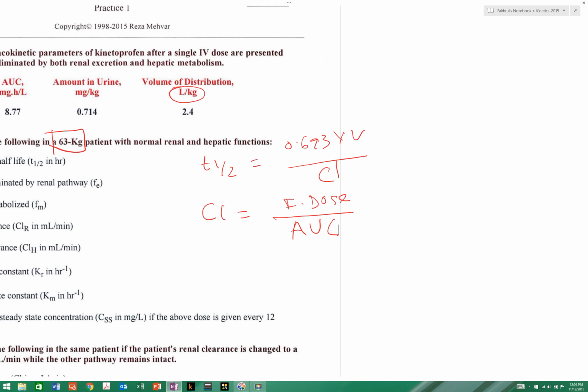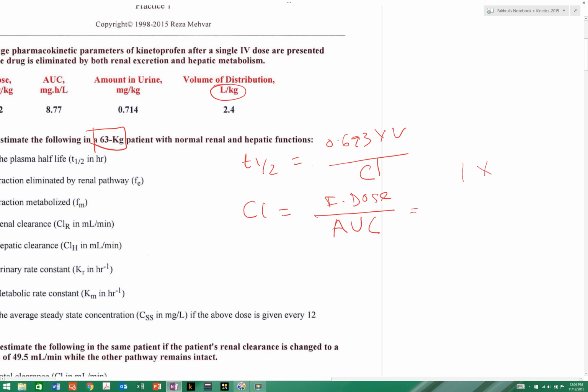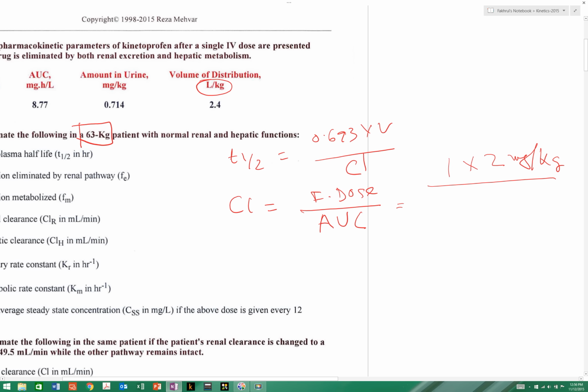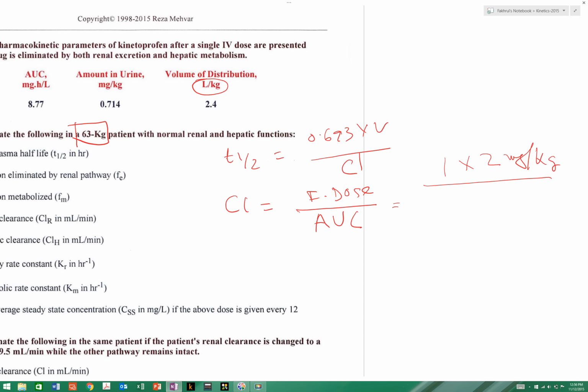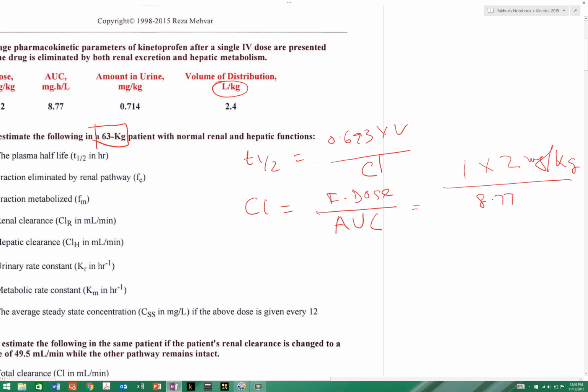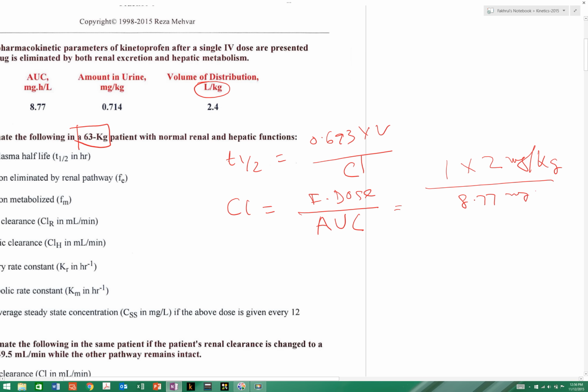Now, we always use F as 1, and dose is 2 milligram per kg, and AUC is 8.77 milligram hour per liter.